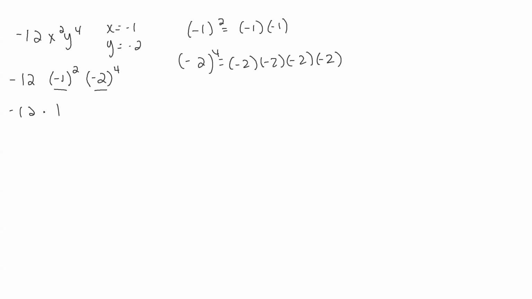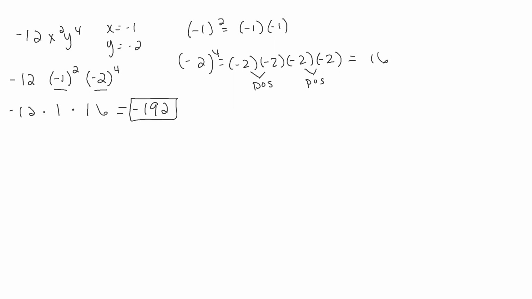Okay, so we've got 2 pairs of negatives that are going to become positive, so everything's going to be positive here, and 2 to the 4th is 16. So what I really have is negative 12 times 1 times 16, or negative 192. Be especially careful with those negatives, okay?